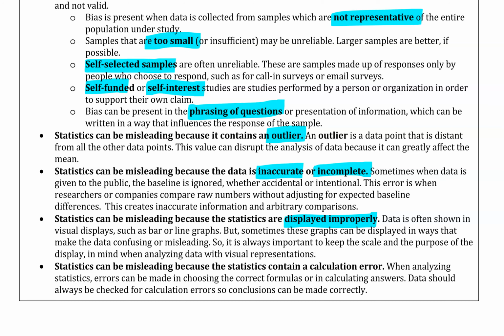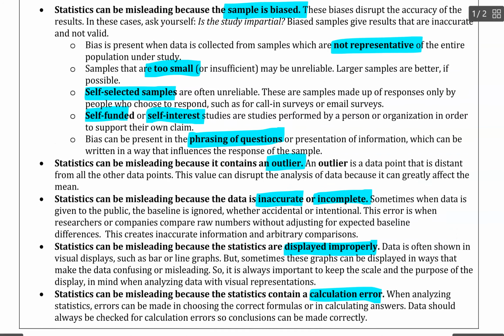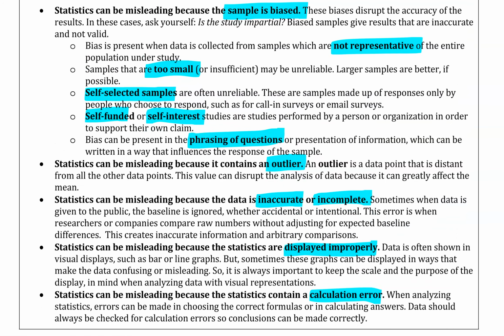Statistics can also be misleading because they contain some sort of calculation error. That can come from using the wrong formula or not taking everything into account. So here are ways that statistics can be misleading. We're going to use these to answer some questions about whether or not statistics are misleading.